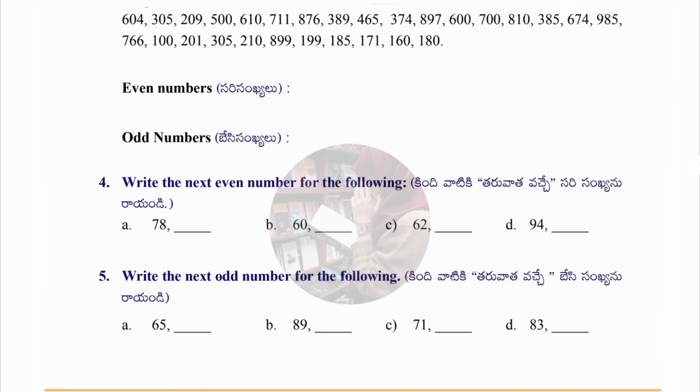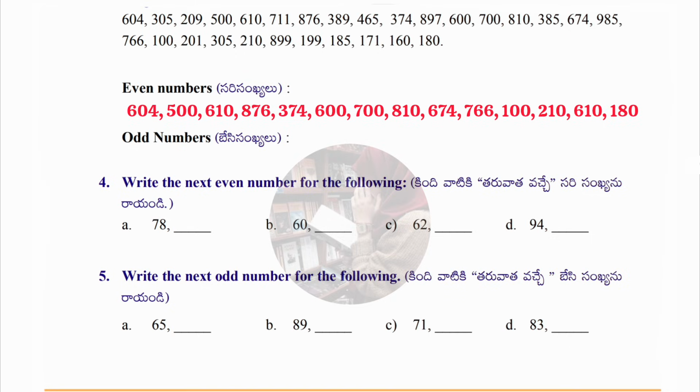So from the given numbers, even numbers are 604, 500, 610, 876, 374, 600, 700, 810, 674, 766, 100, 210, 610, 610, 180. So these are the even numbers.